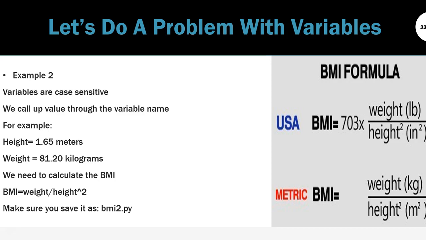That way you don't have to multiply by 703. However, your job will be to code this into Python, calculate the BMI by giving variables height and weight, and then try to calculate the formula that you could use with any person's height and weight.